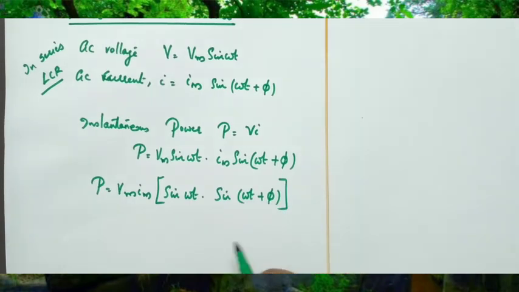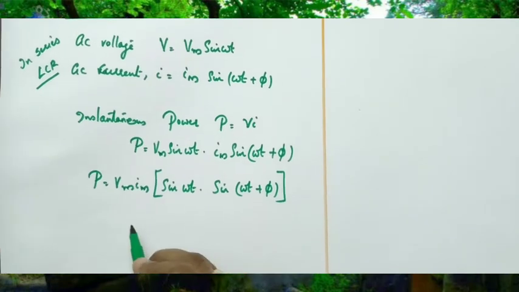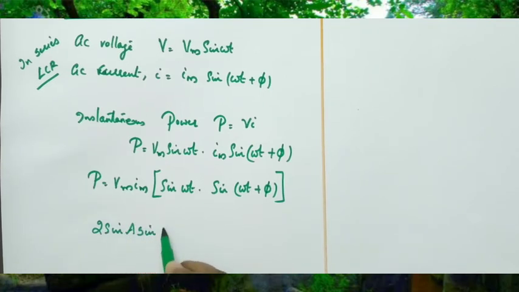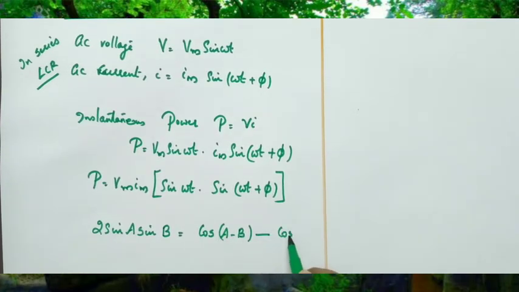Now here this is sin A into sin B, and we have the formula 2 sin A sin B is equal to cos A minus B minus cos A plus B.